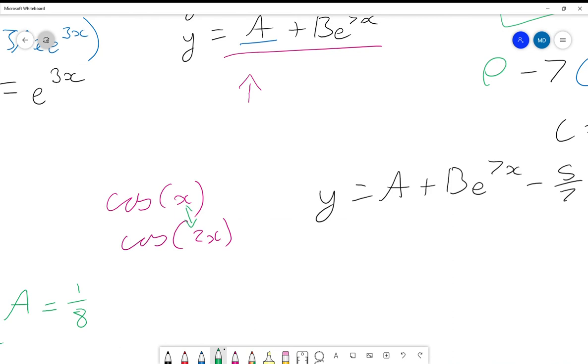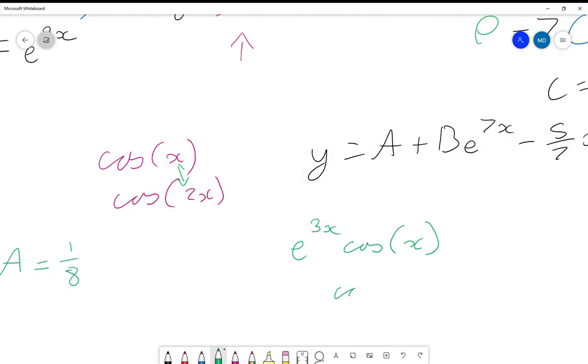Equally, if you were to have e^(3x) cosine of x and cosine of x, even though you've got the cosine, this here completely changes the term because of the e^(3x). So it's the entire term, bar the multiplicative constant, that needs to be in common for you to require this extra x.